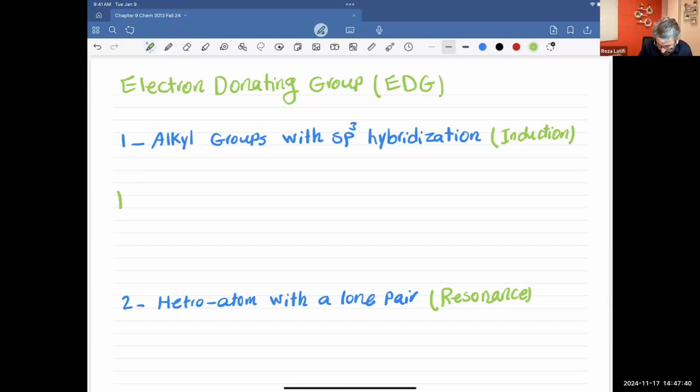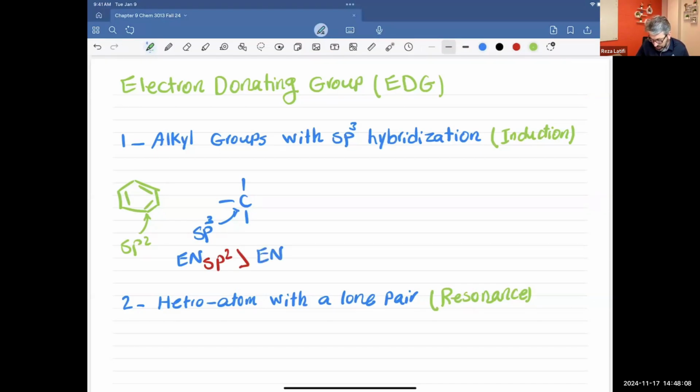Remember, any carbon inside the ring has sp2 hybridization. If you attach an alkyl group to it, let's say tertiary butyl, it will have sp3 hybridization. The electronegativity of sp2 is higher than the electronegativity of sp3. What does it mean? It means the alkyl group will give electrons to the ring.